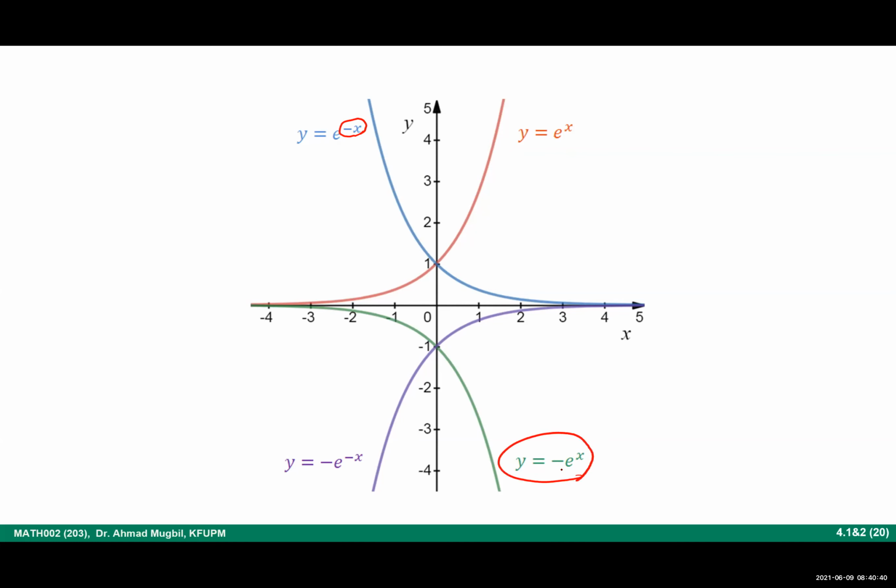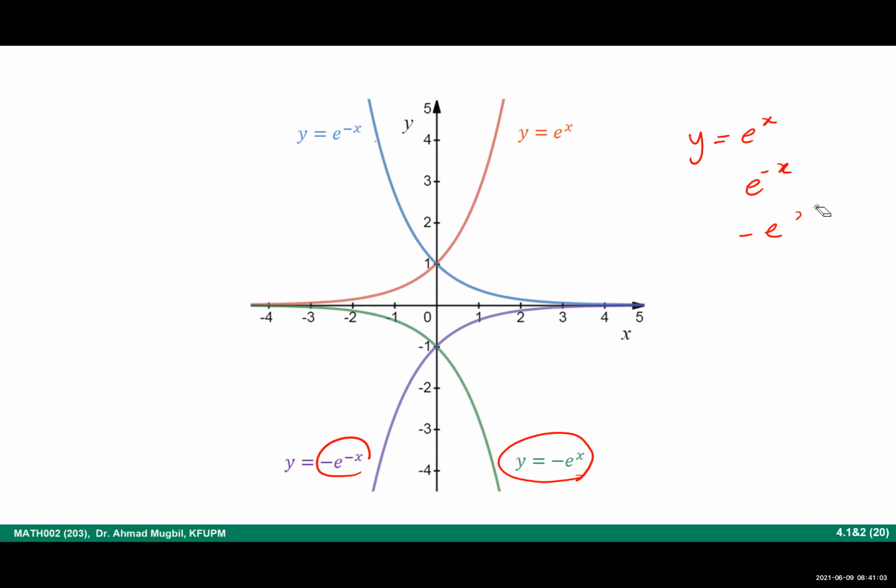Here it is, negative e to the power x. Also, when you reflect this graph, it will look like this. So be careful. You should be able to sketch the graph of e to the power x, e to the power negative x, and negative e to the power negative x.